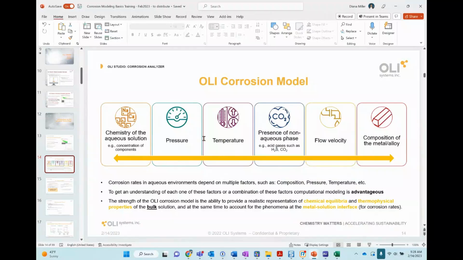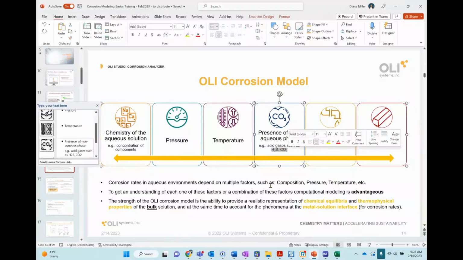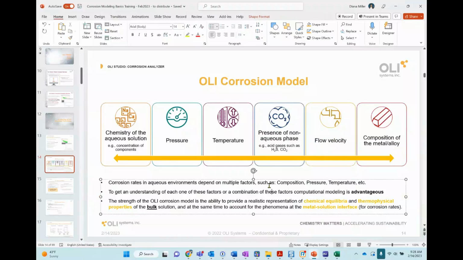Temperature, for sure. We know that there are critical crevice temperatures and critical pitting temperatures. It is an important variable and it affects corrosion rates. The presence of non-aqueous phases such as gases, acid gases, H2S, CO2, these components dissolve in water, and when they dissolve in water, they are going to make the water acidic. They are going to dissociate, create H+ in solution, and that is going to have an impact on the metallic surface as well.